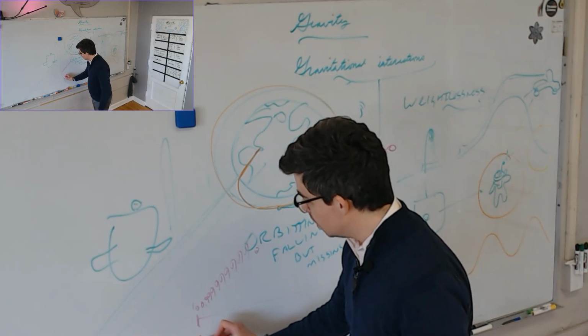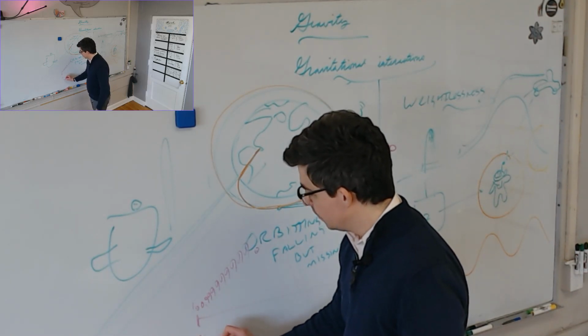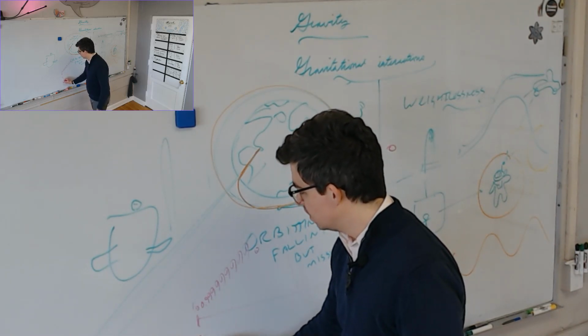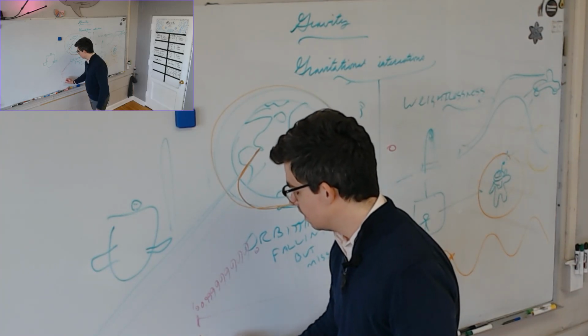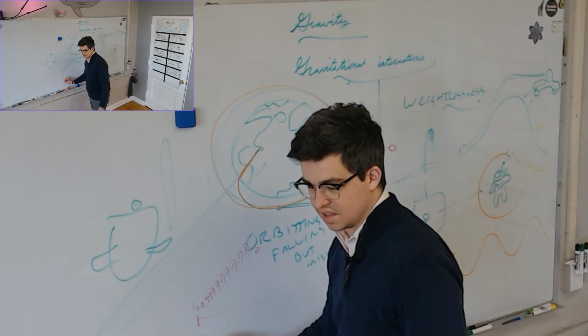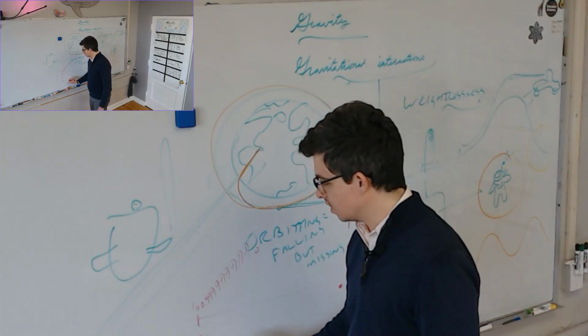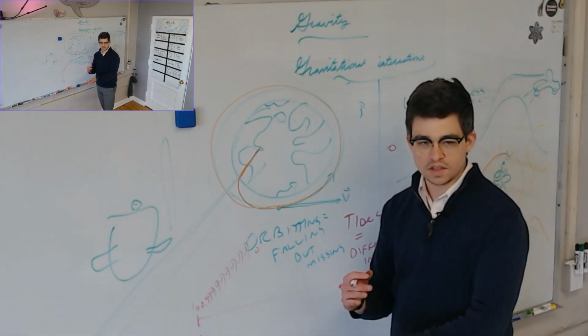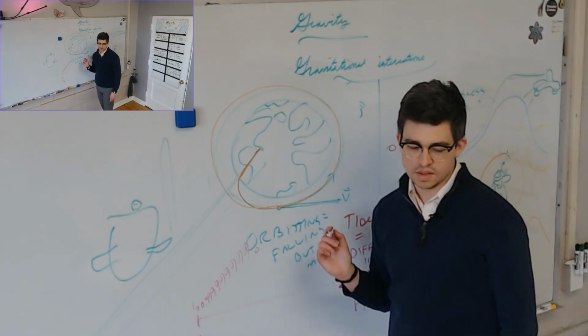Whereas for the moon, here we're at 1 lunar gravity, and on the other side of Earth we're at about 5/6. It's a much smaller fraction. There's a much bigger difference in gravity, and that's what the tidal force is: difference in gravity.